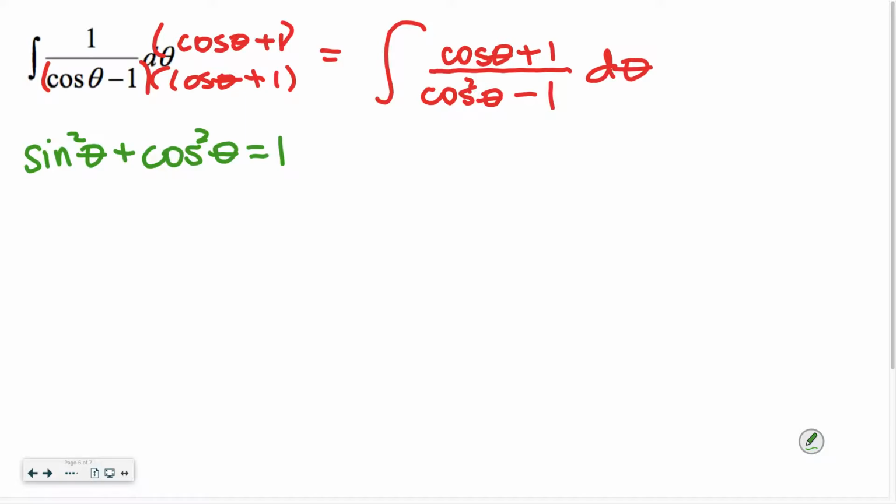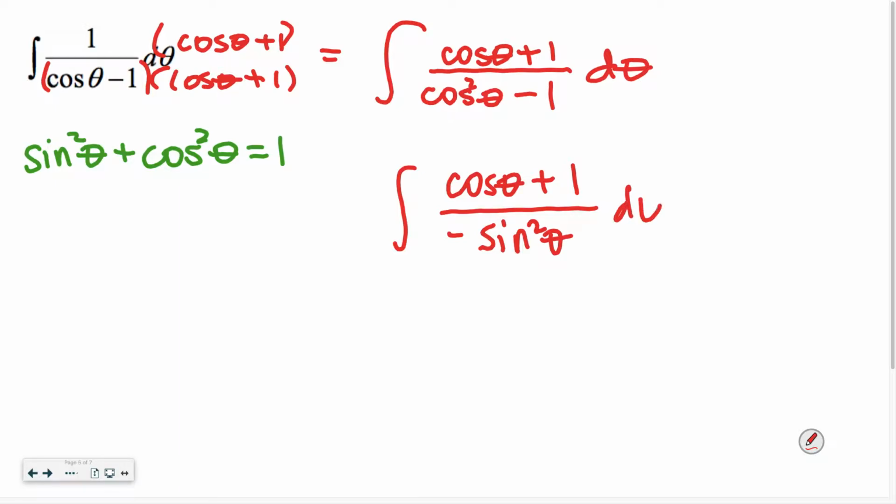I was thinking if the whole thing was squared, you could do the inside as u, and that would be the same thing as the top, because the derivative of cosine is sine. If you're going to do u substitution with a cosine, there better be a sine involved. Negative sign, but we can work with the negative. Cosine squared minus 1 is the same as negative sine squared.